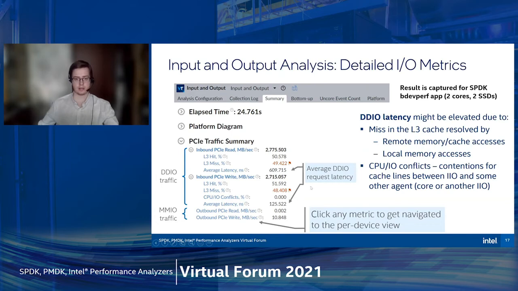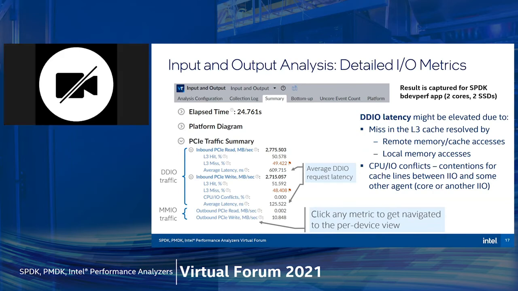In this case, we have quite high average inbound PCI read latency, but I would say we were close to the limit of the SSDs, so probably we were at the end of this hockey stick, right? When we are close to the throughput limit, the latency goes up.